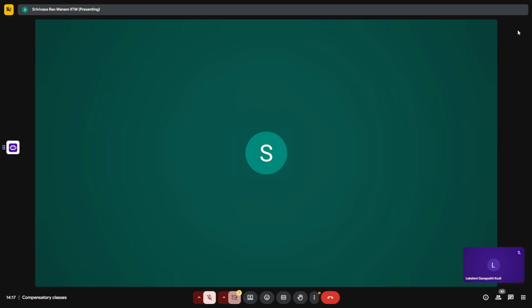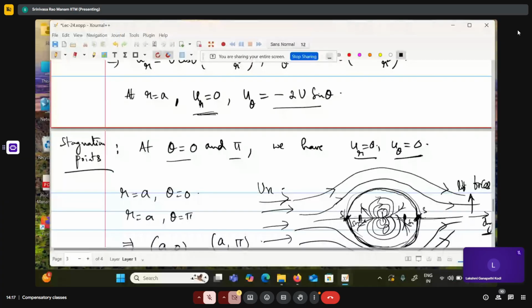Yeah, you already have psi here, right? U r sin theta. U r sin theta plus Q theta by 2 pi, that is for something else. That is for the Rankine half body. Now you have an epsilon. That is for this flow.